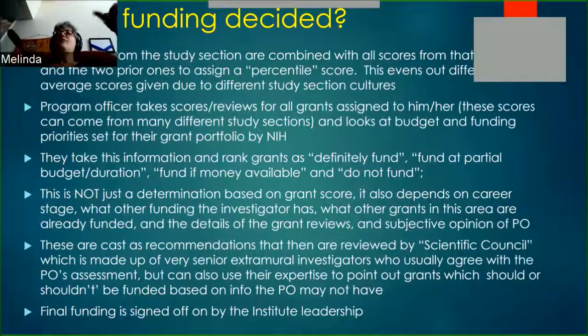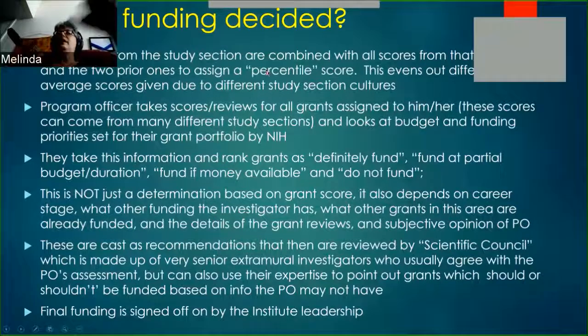Now, it's not just based on that study section meeting, though. It is based on the scores that study section has given from the last 3 meetings. So it basically means that of the 300 grants that a study section has seen over a year, your grant was scored in the top 10% of those grants.